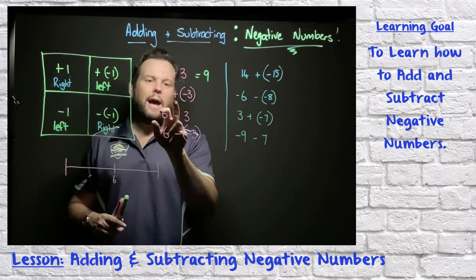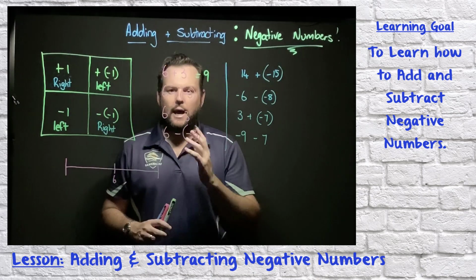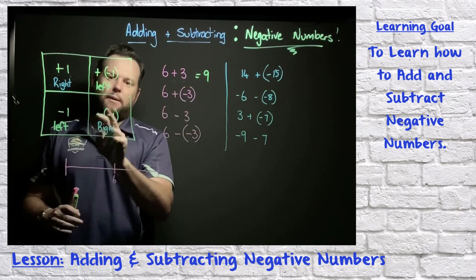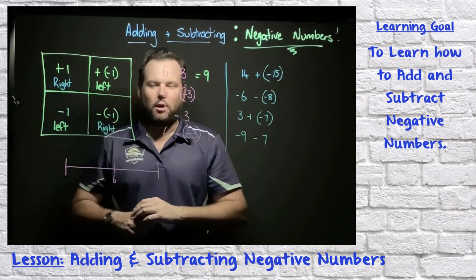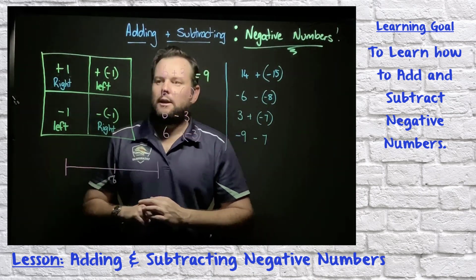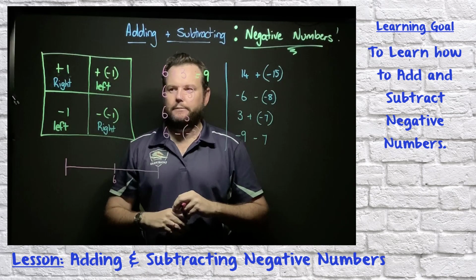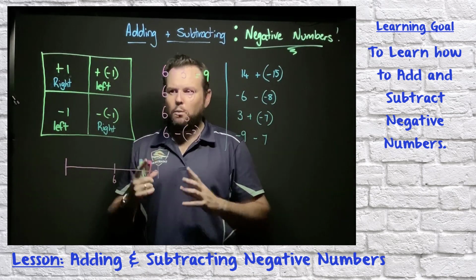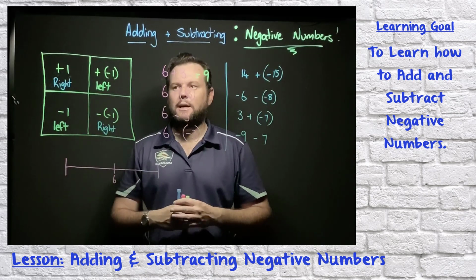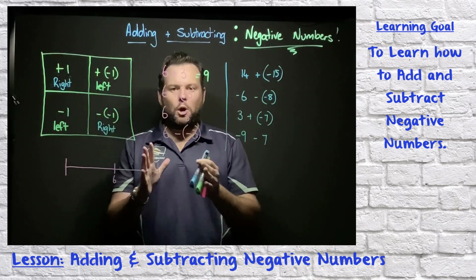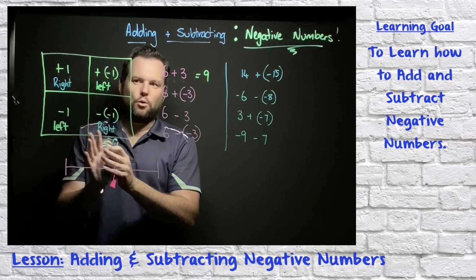Now here, we're adding a negative number. And over here, when we add a negative number, we move left on the number line. Now, a lot of you might be thinking, oh my goodness, I don't understand that, and that's fine. We'll talk about some strategies within class of ways for you to get your head around that. But for the moment, it's better if you just remember the rules.